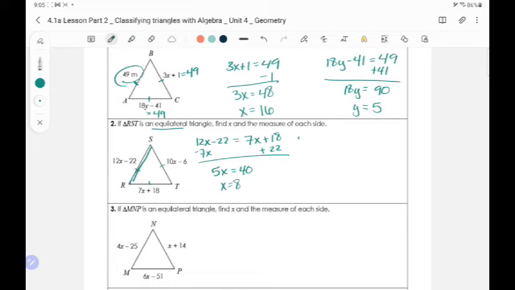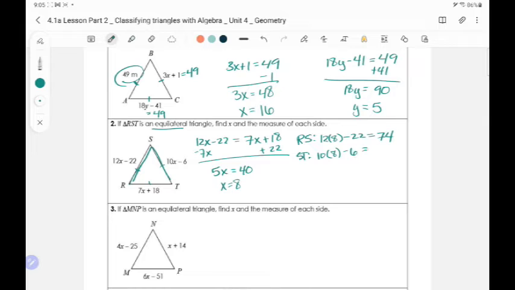And then all I have to do is notice the sides. This is RS, and it is 12x minus 22. So I can plug in my 8, and 12 times 8 is, what, 96? Minus 22 is 74. And then the next one I could do like ST. ST equals 10 times 8 minus 6.